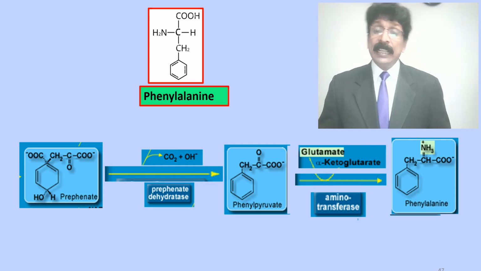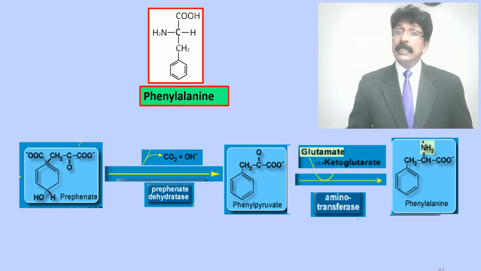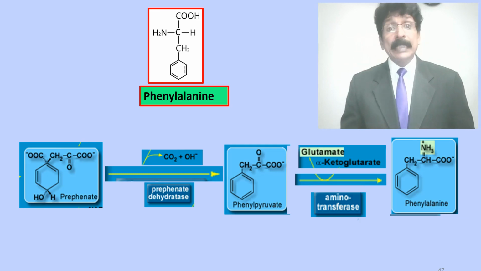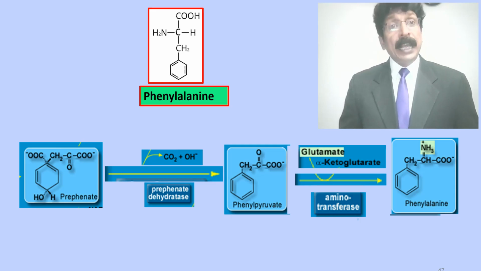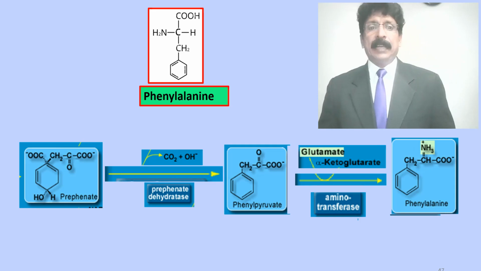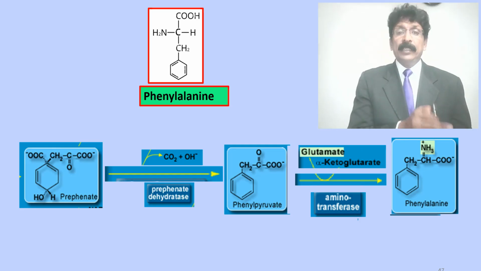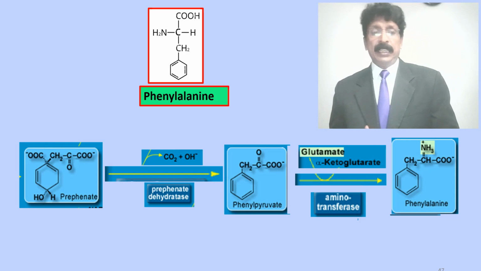And this phenyl pyruvate is aminated. This C double bond O needs an amino group to give phenylalanine. So you are using an amino transferase enzyme. So a dehydratase enzyme is needed as well as a transferase enzyme.